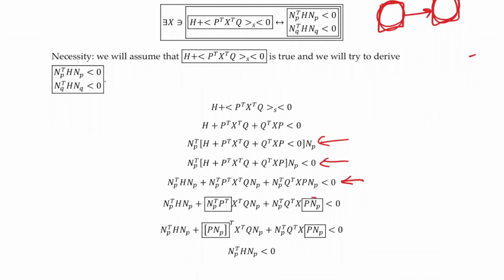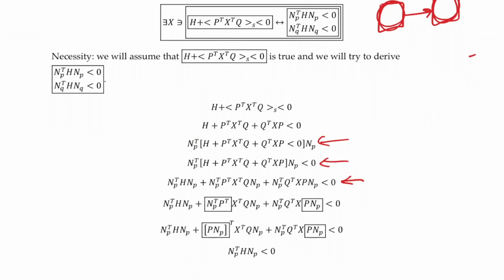Okay, so this is 0. This is 0. And we also organize this term. Okay, this is 0 and this is 0, and this term is the only term, and we multiplied with NP, right?